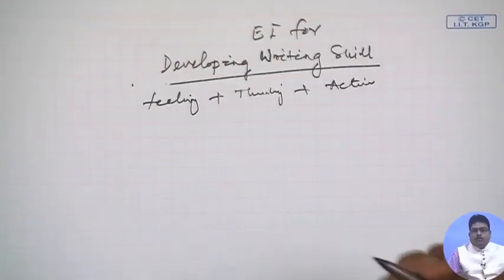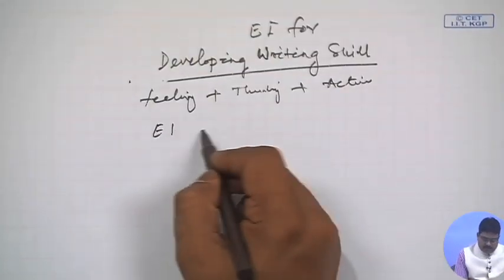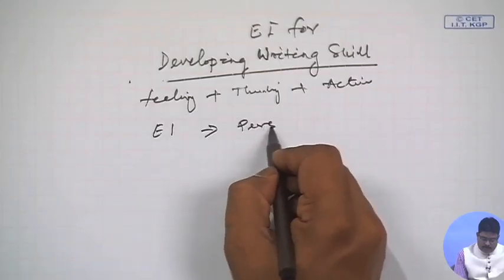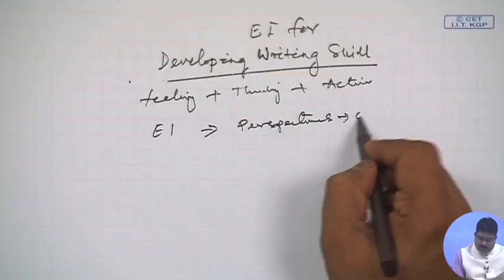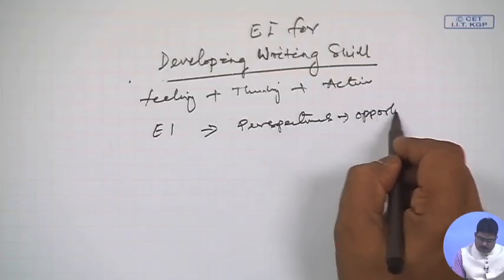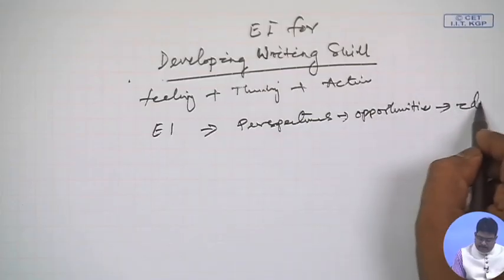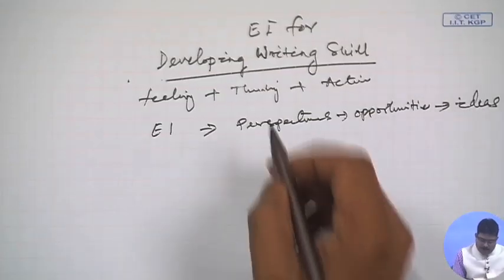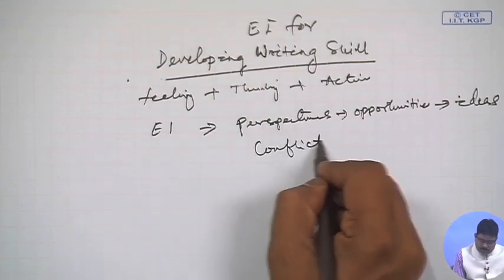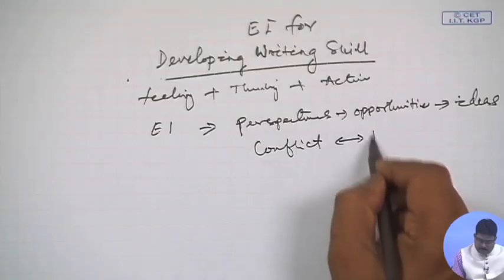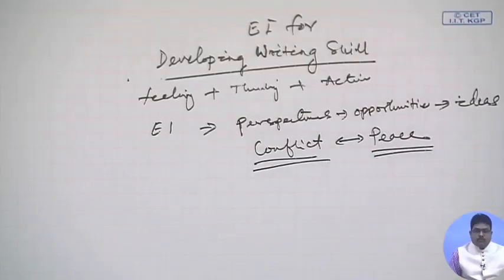When you develop a good perspective, we have seen that emotional intelligence changes one's perspective. These perspectives are converted into opportunities and ideas. For example, conflict and peace, they are interrelated, whether one should go for conflict or one should go for peace.